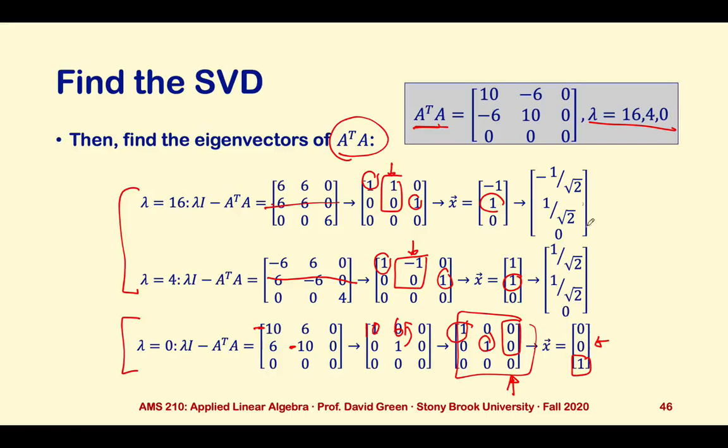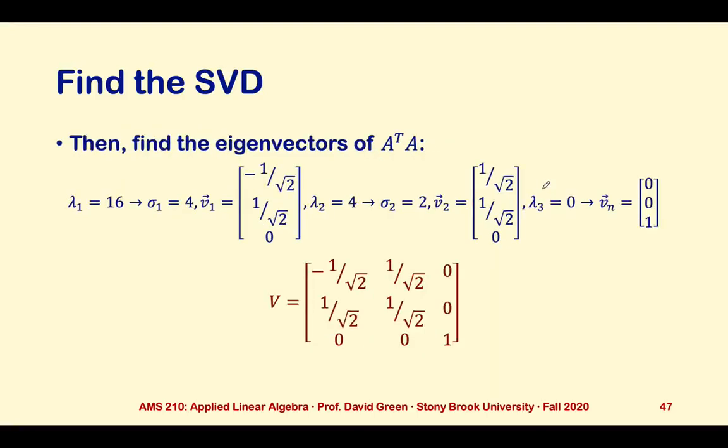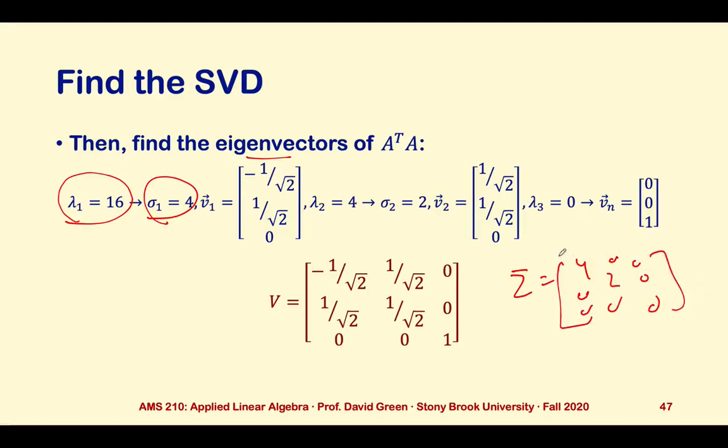All right, now that we have our eigenvectors, these are the singular vectors V. We have eigenvalue 16 corresponding to a singular value of 4 and an eigenvector. Remember, we had set sigma to be 4, 2, 0. We set them in decreasing order. The first column of V is this eigenvector. For our second eigenvalue of 4, singular value of 2, we had this orthonormal vector.